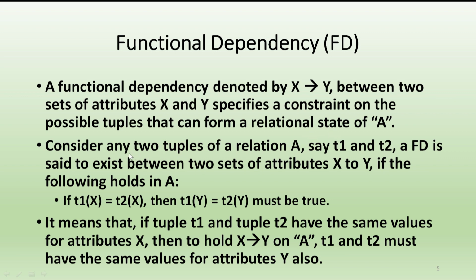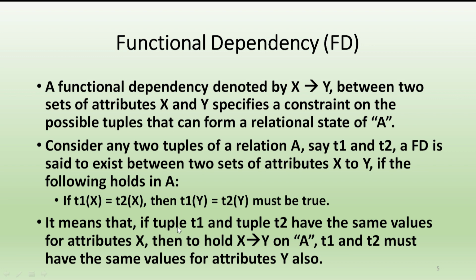And a slightly lenient definition is: consider any two tuples of relation R, say T1 and T2. An FD is said to exist between two sets of attributes X and Y if the following holds in R. That is, if T1[X] and T2[X] agree, that means the values in these two tuples are the same for attribute X, then the value of Y attributes should also match in the tuples.